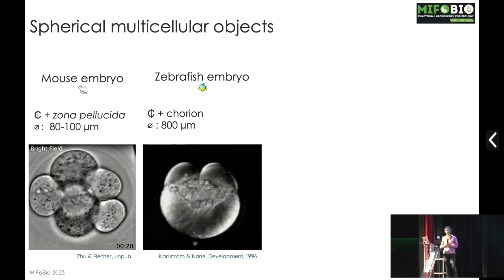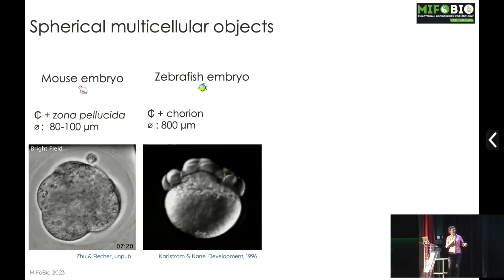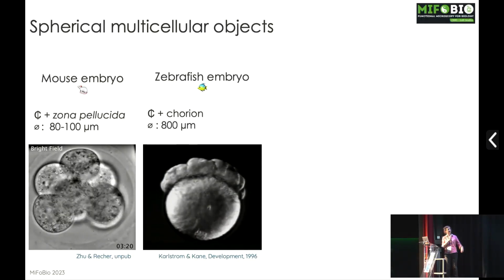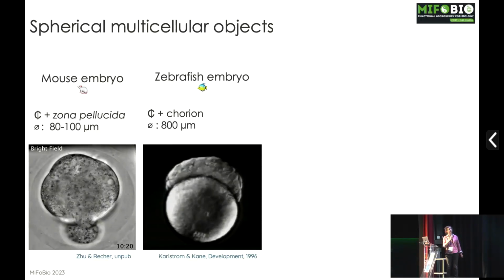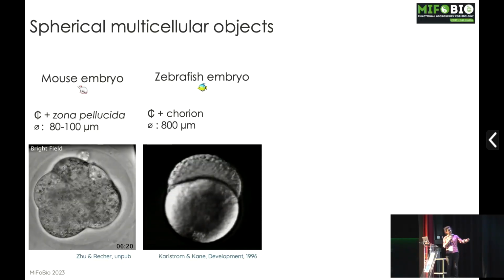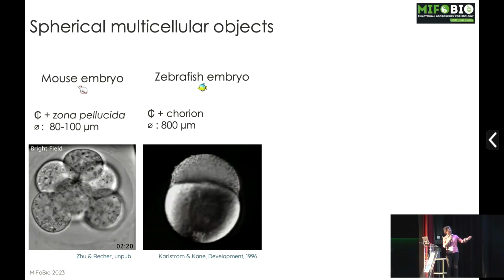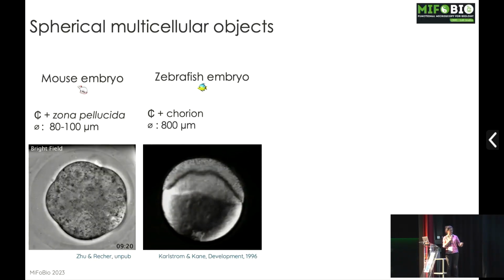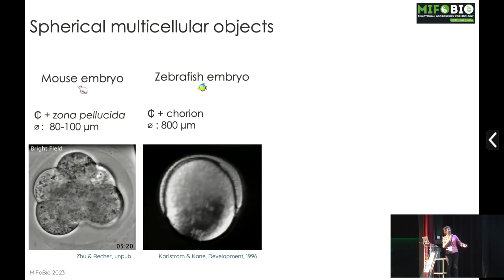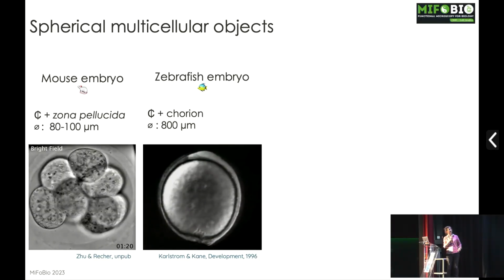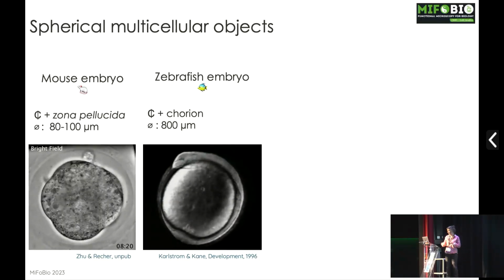Then you may know this very famous movie of the early stages of the development of a zebrafish embryo. And here you can't really see it, but there is also this sort of surrounding transparent layer, which is called the chorion in that case.